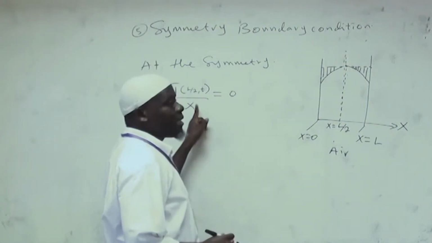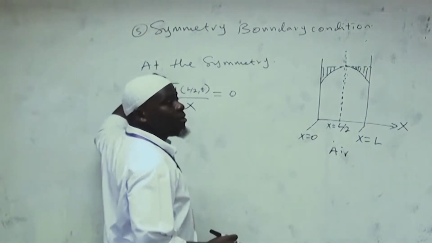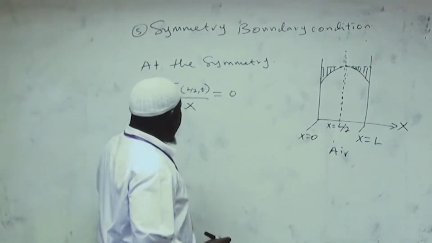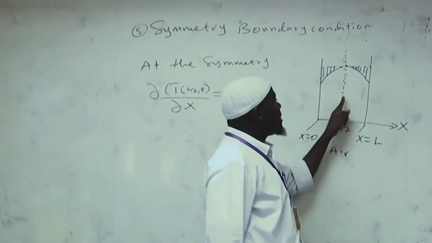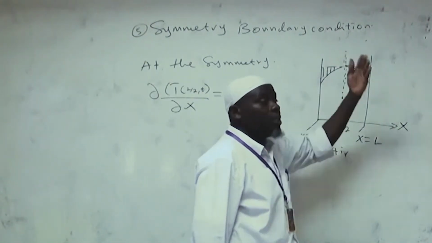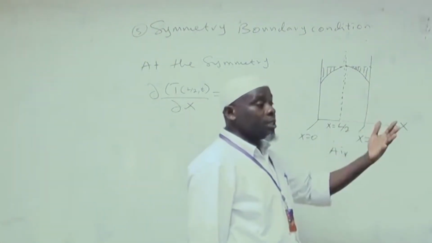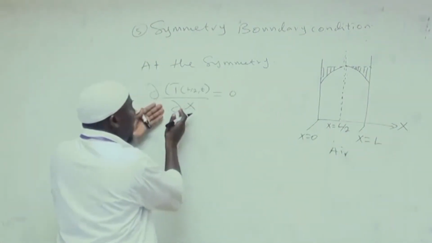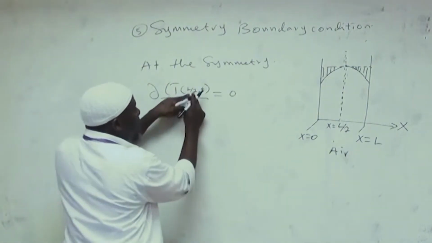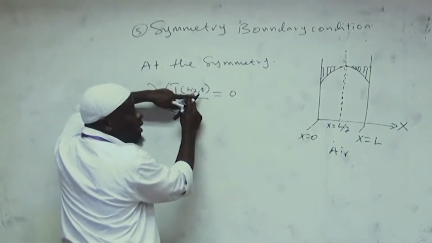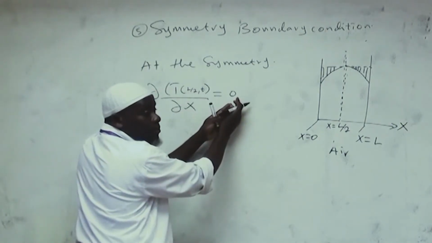So that's why we say that the rate of change of temperature at this point, at the center, the temperature remains constant. It does not change. It's not equal to 0, it remains constant. So the rate at which temperature is changing with respect to x, where x equals L divided by 2, equals 0.